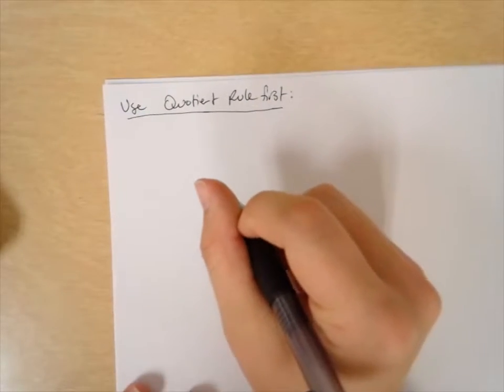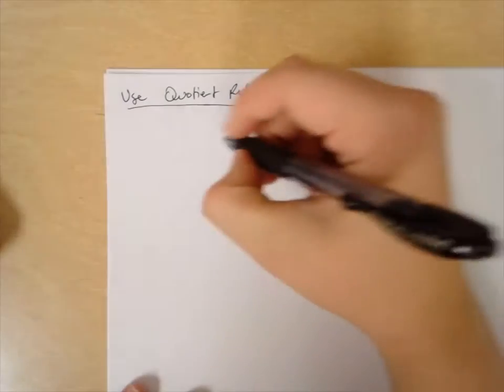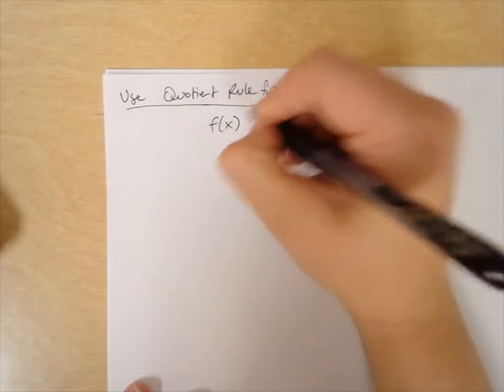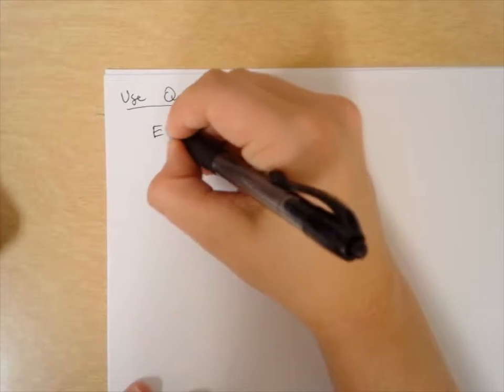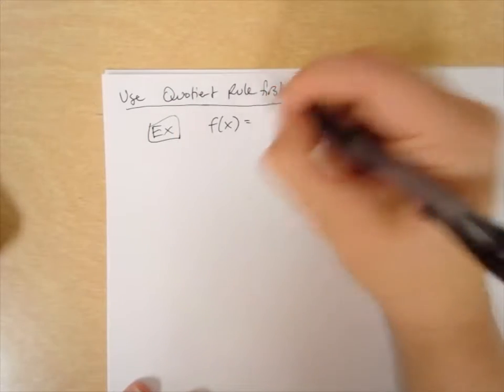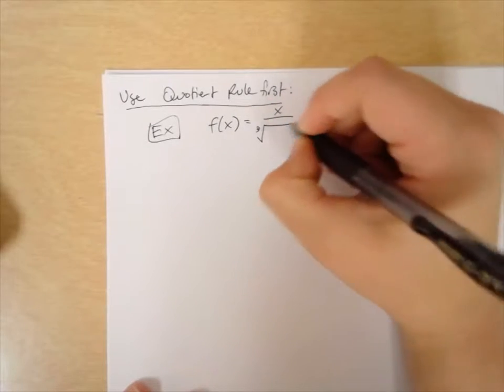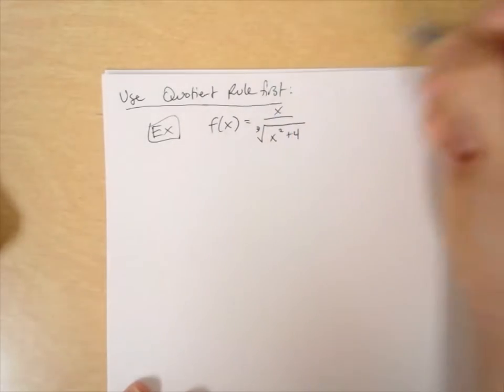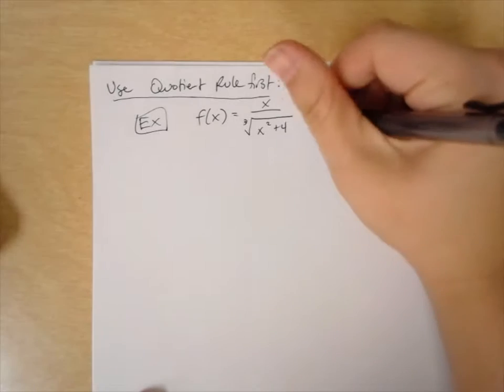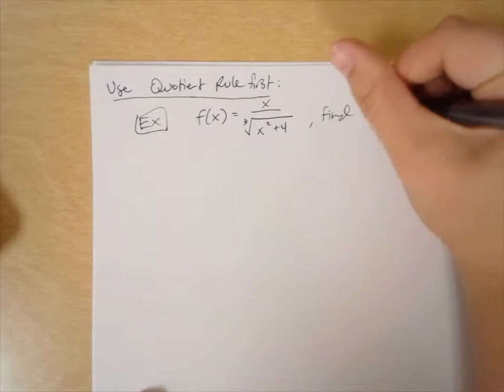So say that we were given f of x is equal to x over cube root of x squared plus 4, and we are asked to find f prime of x.